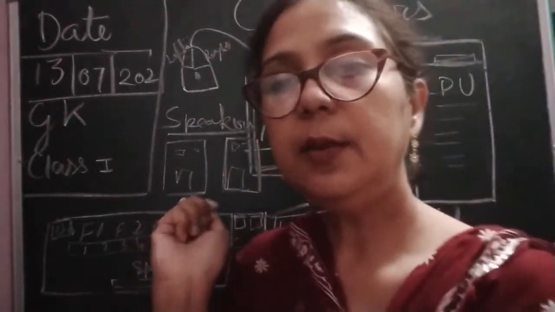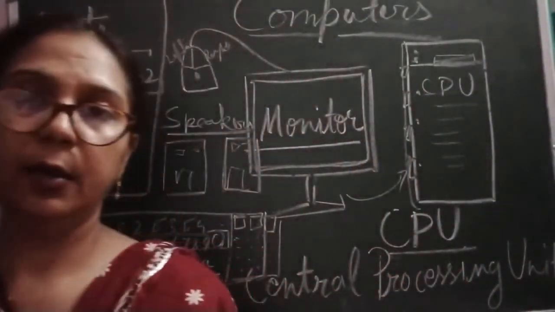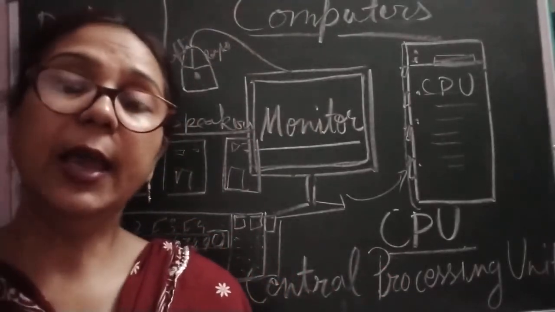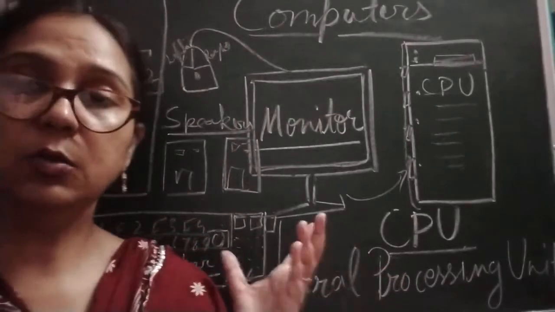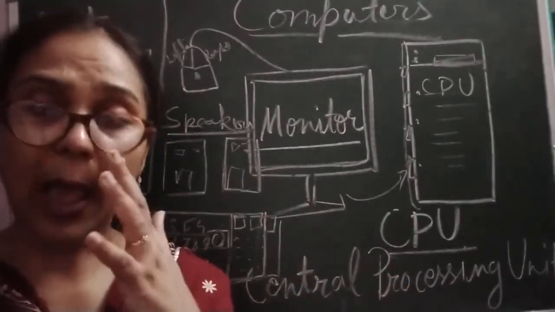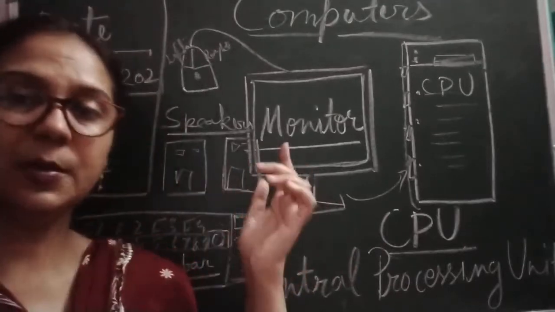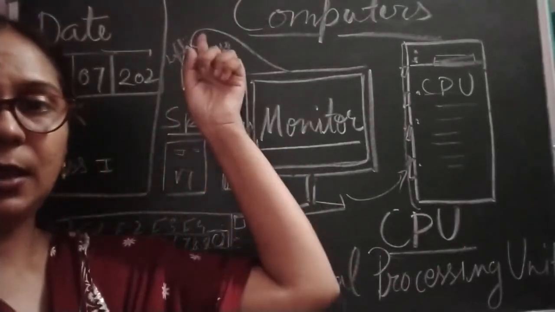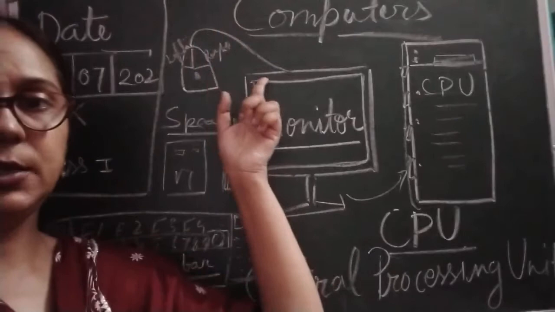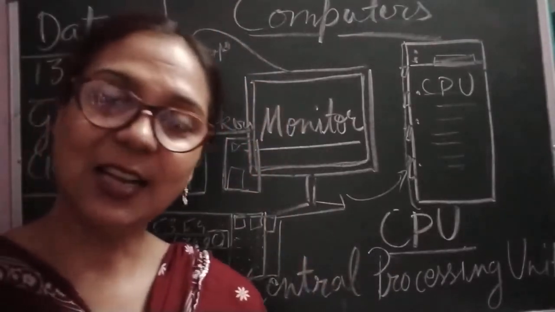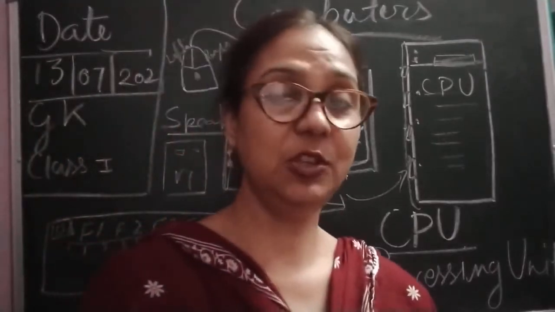So that is a very important thing for our computer, that is the mouse. Why are we calling this mouse? Because it has a black color and its shape is like a mouse, and this long tail you can see is connected with this monitor. That is why we call it mouse, children.